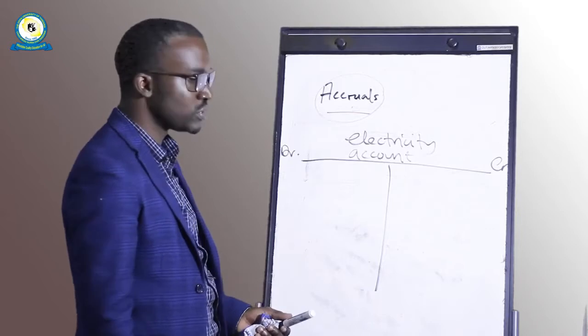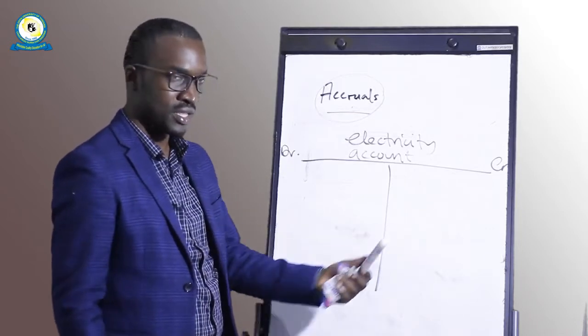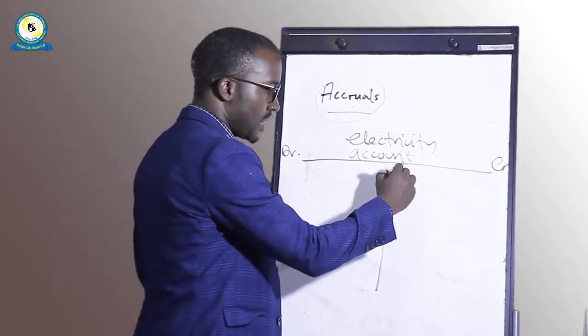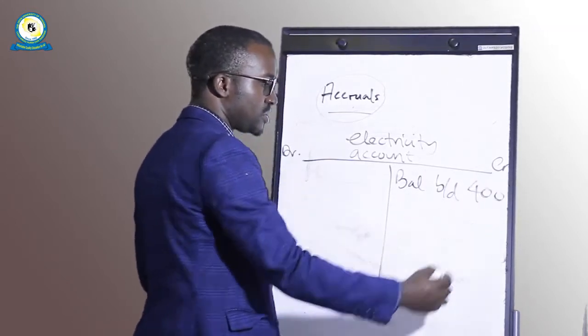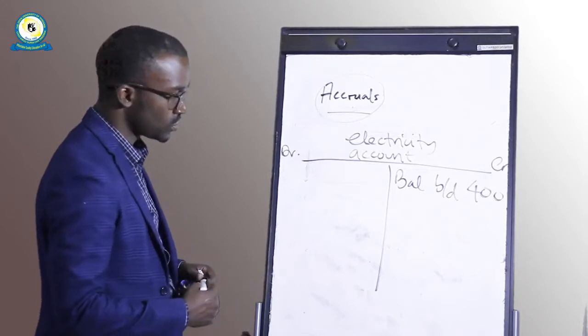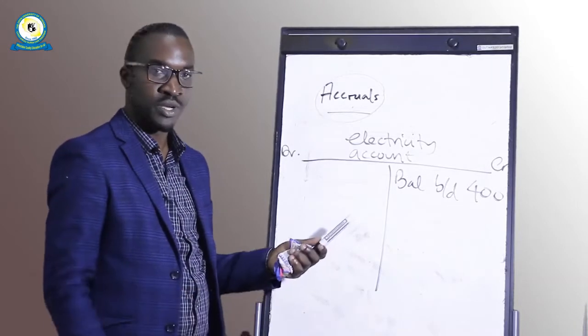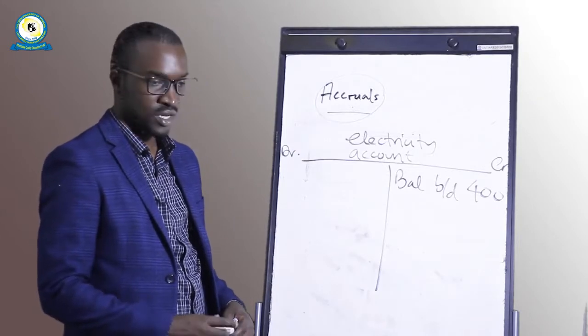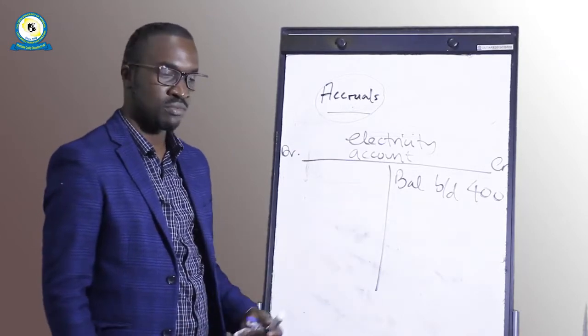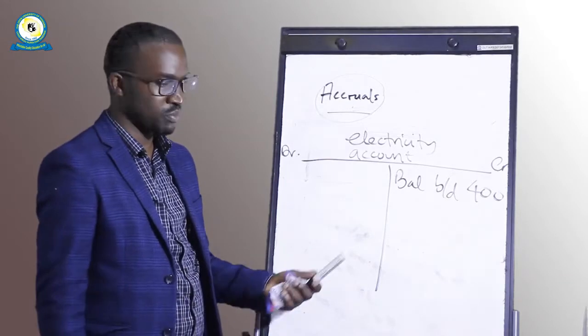So that amount owed is going to be on the other side of the account. So you say balance brought down here should be 400. This amount was owed and it was supposed to be paid by the start of the year. Okay, you are going to have your date here. This is 1st January, but I'm trying to simplify it.